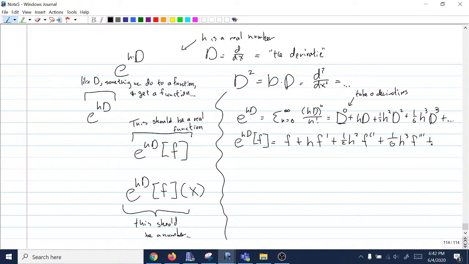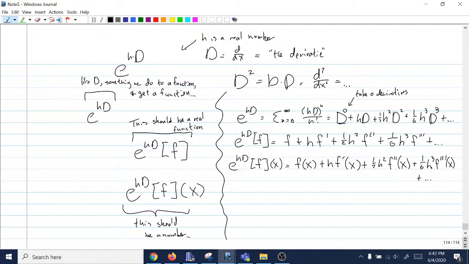That's a sum of a bunch of functions. That makes sense. When I take e to the hD f at x, I get f of x plus h f prime of x plus half h squared f double prime of x, a sixth h cubed f triple prime of x.